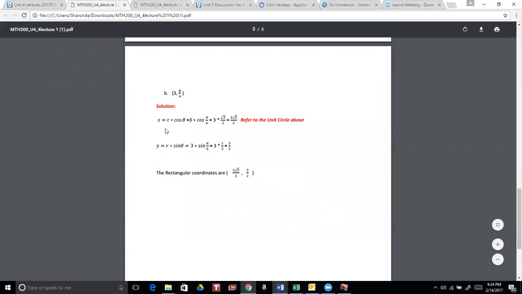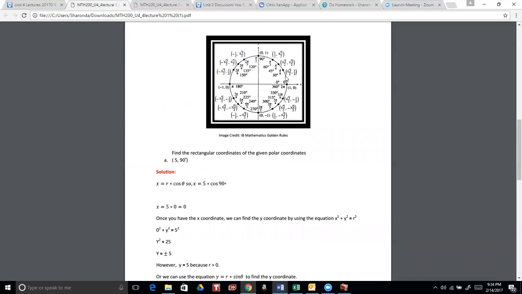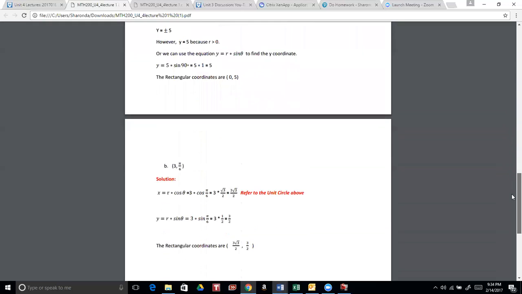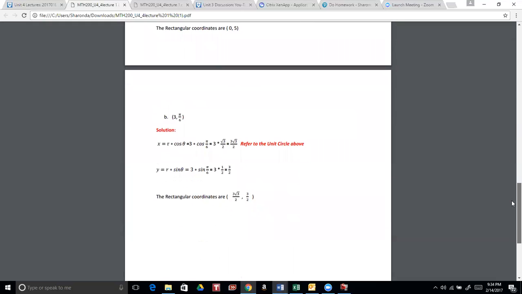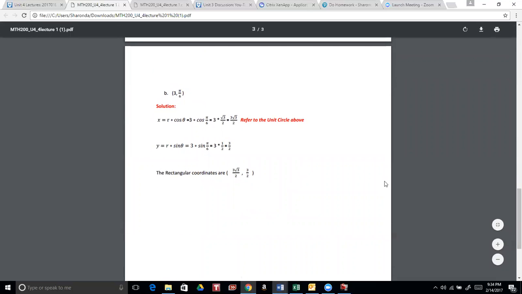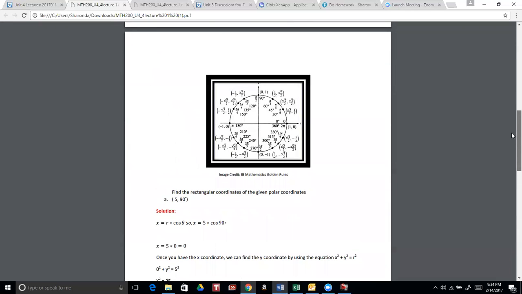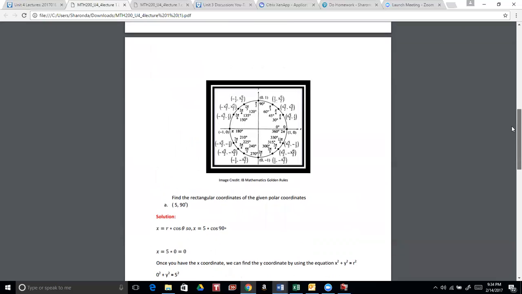You still use the same formulas: x equals r times cosine theta, and then find out what cosine of pi over 6 is. If you go up here, those are the common ones. Pi over 6 is here, and the value is square root of 3 over 2. So all we're doing is using our references to find the rectangular coordinates when you're given the polar coordinates. That covers the polar coordinates.